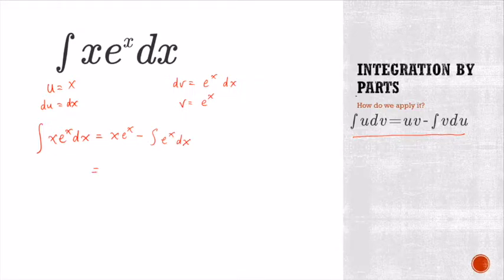Now we can take the integral of e to the power of x dx. The final result is x times e to the power of x minus e to the power of x plus c.